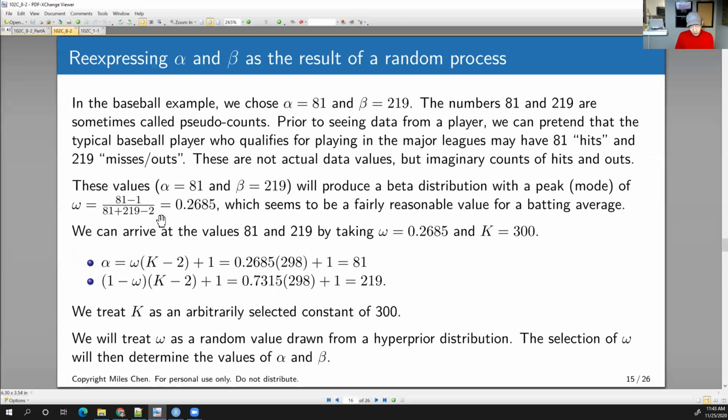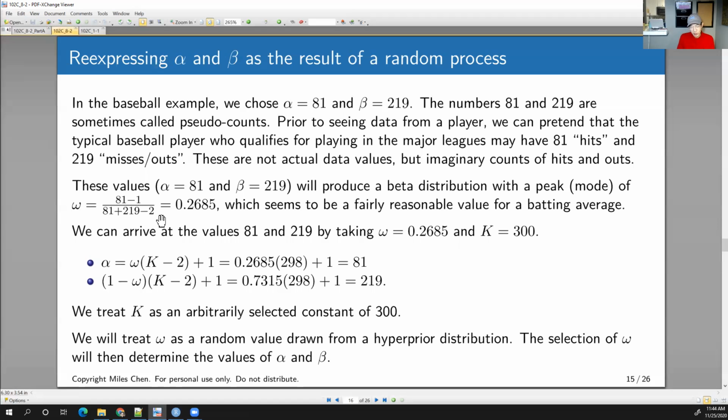The values for alpha and beta we selected were 81 and 219, okay? We often can think of these things as pseudo counts. So prior to seeing the data, we can pretend that some baseball player who qualifies for the major leagues has, quote, 81 hits and 219 outs. These aren't actual data values, but they're imaginary counts of successes and failures.